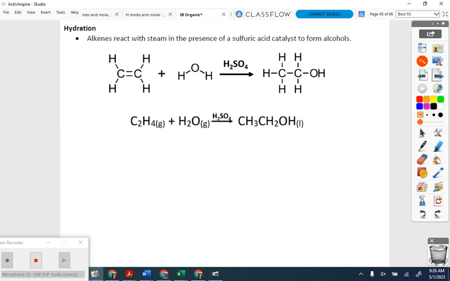And the sulfuric acid is a catalyst. It creates a different kind of route for the reaction to take place. But essentially, we end up putting a hydrogen on one of the carbons and an OH on the other carbon, and we end up with an alcohol.